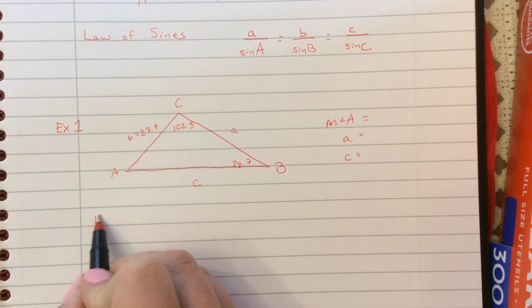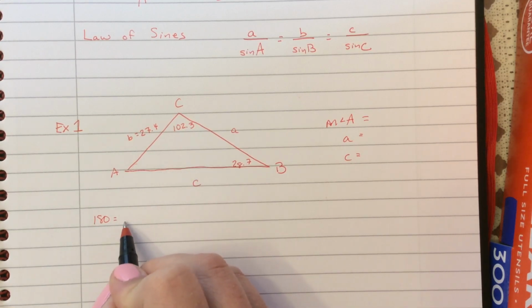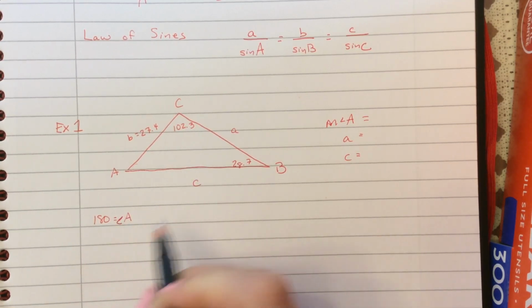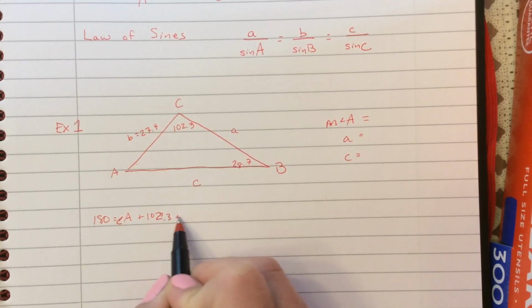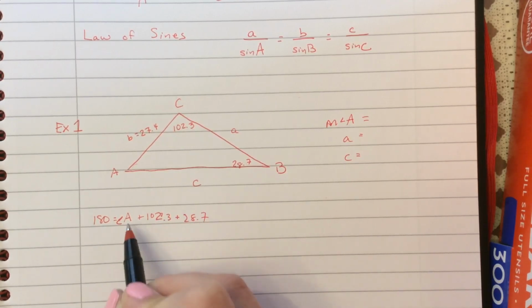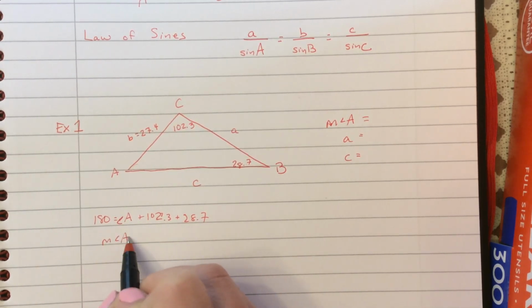I know a triangle is 180 degrees, so I can just subtract out. This will be angle A plus 102.3 plus 28.7. So if I just subtract these from 180, I get the measure of angle A.